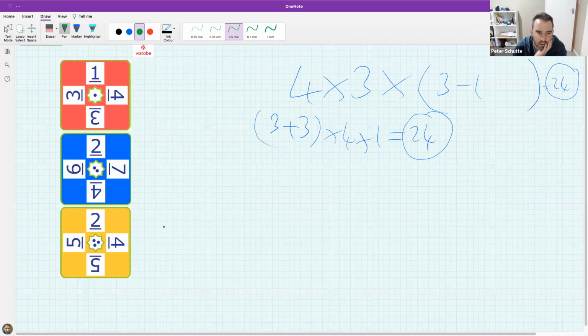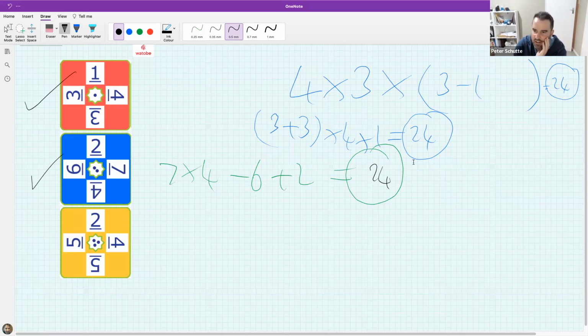Let's have a look. 7 times 4 gives you 28. Minus 6 plus 2. The glory is, wait, not 28, it's 24. So this, 24. Done. And Sonic has said 7 times 4, very similar, 7 times 4 minus 6 minus 2, which also gives you 24. So the blue has fallen.